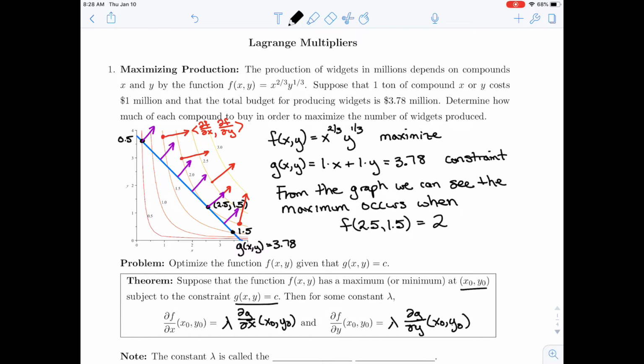So if we can find a point where the partial derivative of f with respect to x is a multiple of the partial derivative of g with respect to x, and the partial derivative of f with respect to y is a multiple of the partial derivative of g with respect to y, then that's where a maximum or minimum of the function will occur. And the constant lambda, the Greek letter lambda, is called the Lagrange multiplier. So L for lambda, L for Lagrange.